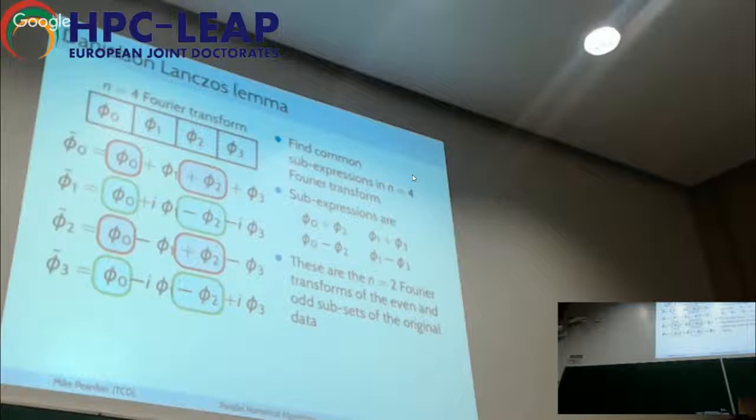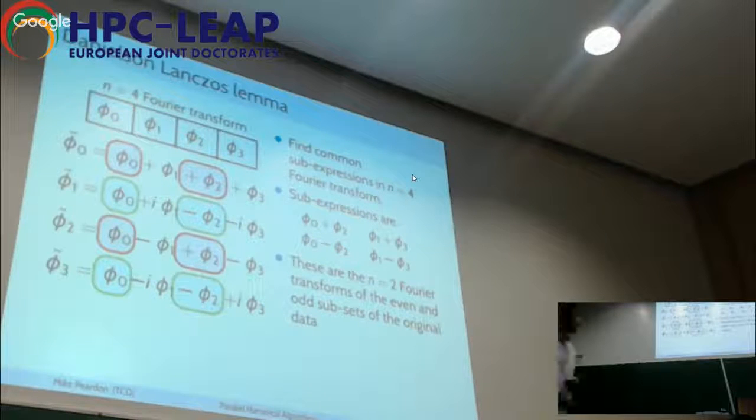Phi 2 is the most rapidly oscillating Fourier mode where we go plus 1, minus 1, plus 1, minus 1. But you see that with that gap of 2, there's a plus 1, so the sine wave has a peak at both those points. And so the sub-expression is phi 0 plus phi 2 there as well. So in those red boxes, you see those 2 common sub-expressions.